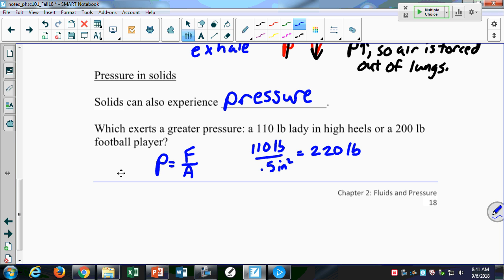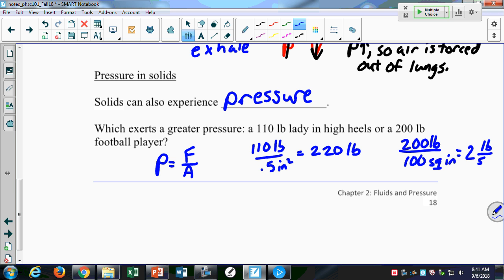But if I have a 200-pound guy with maybe 100 square inches of his feet, then that's going to be just a couple pounds per square inch.